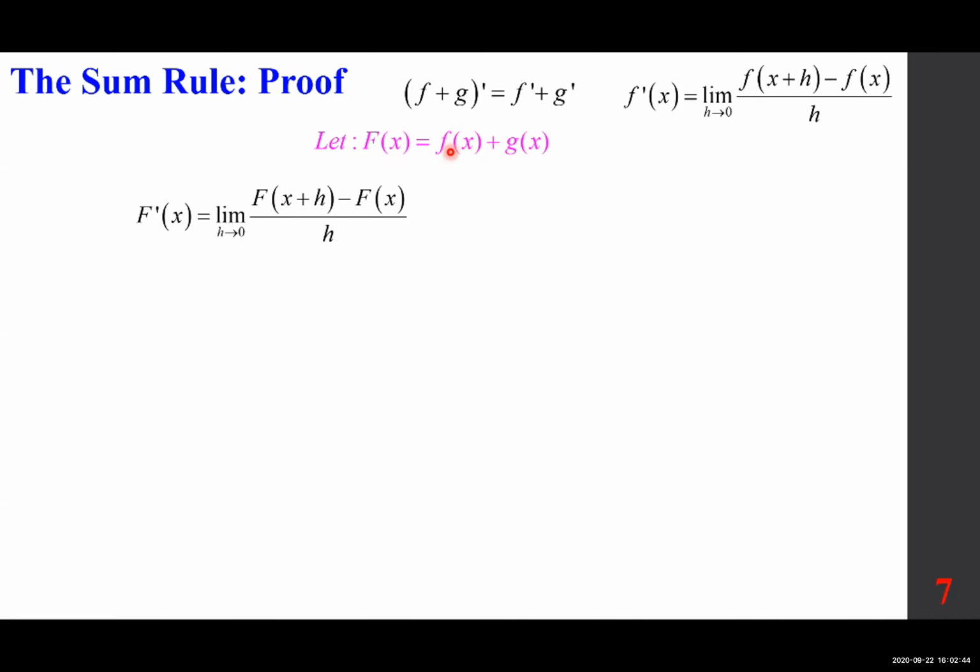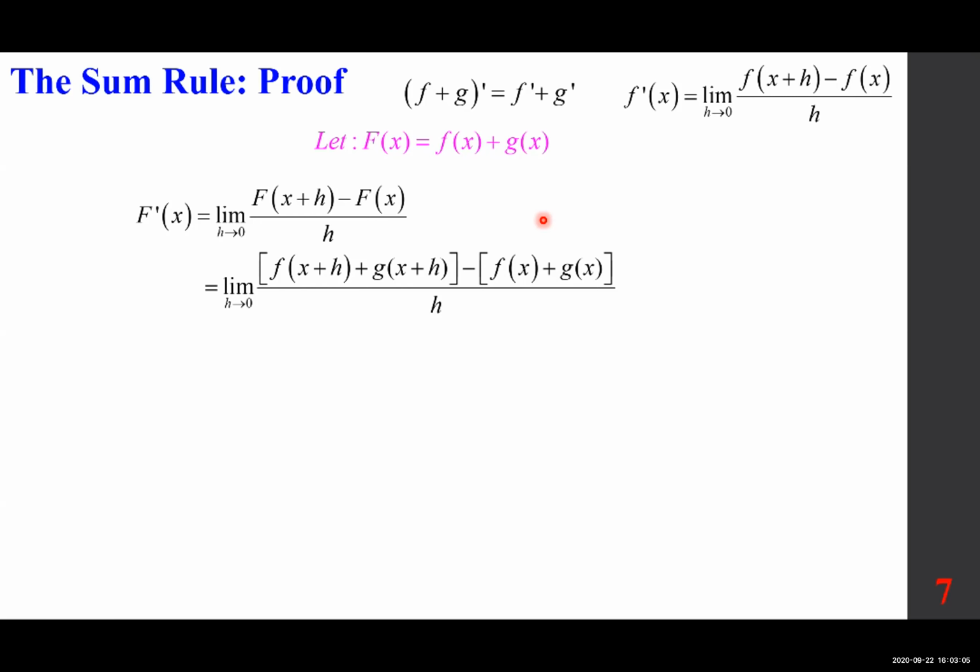So this becomes f(x + h) plus g(x + h), and the rest is pretty obvious. Okay, so I hope everybody's okay with that. We are simply doing the basic step involved in algebra.